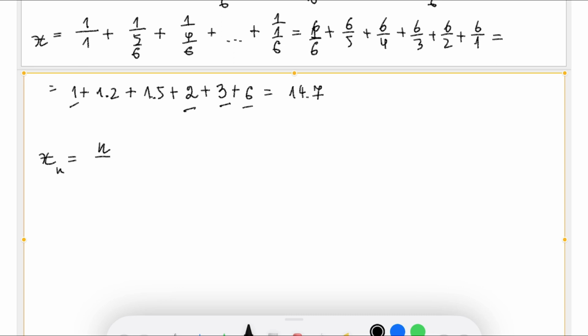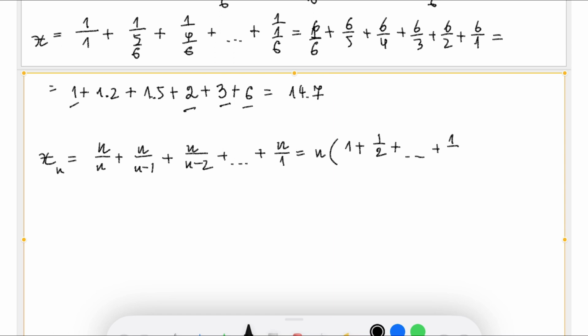So let's just write it again. n over n plus n over n minus 1 plus n over n minus 2 until n over 1. We take the common factor. We are left with, I will just write it from the last to the first, 1 plus 1 over 2 until 1 over n. And this is the harmonic sum.